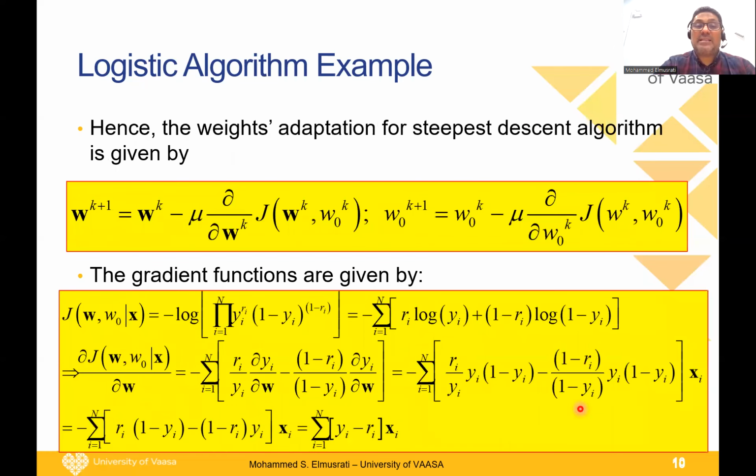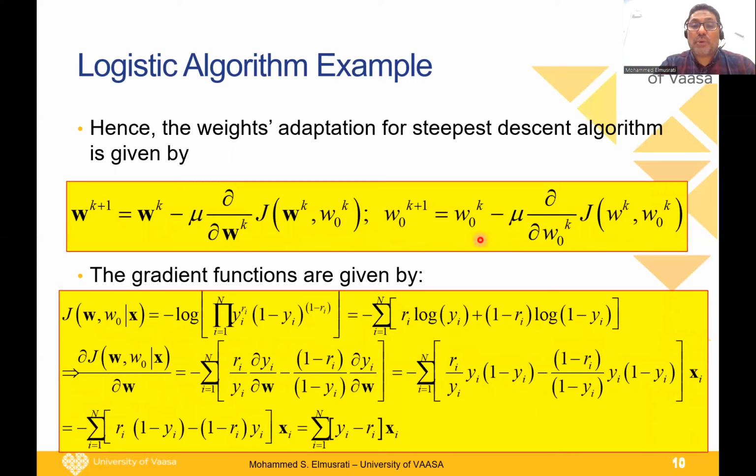But the idea here is that with steepest descent, we can adapt the weight this way: the weight at time k plus 1 equals the previous weight at time k minus the adaptation rate mu times the partial derivative of the cost function with respect to the weight. And of course, we need to do it for the weight vector and also for the weight W0, the drift.